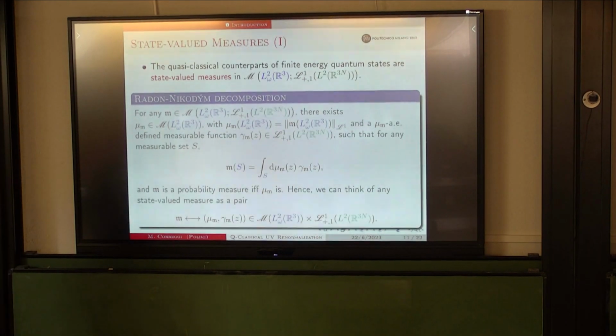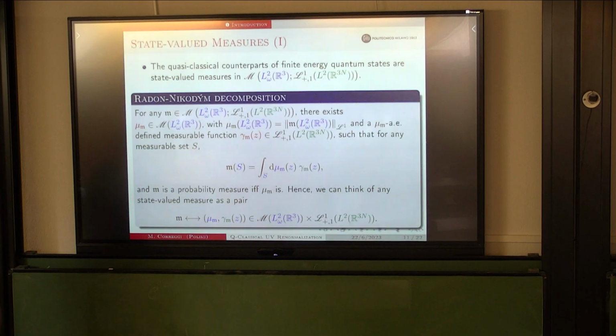Is this object well defined, you may wonder? Well, it is. You may define an integration with respect to those kinds of measures, and you also have a very helpful property, which is this Radon-Nikodym decomposition for the measure. Namely, you can associate to any such measure its Radon-Nikodym derivative, which is this gamma m of z.